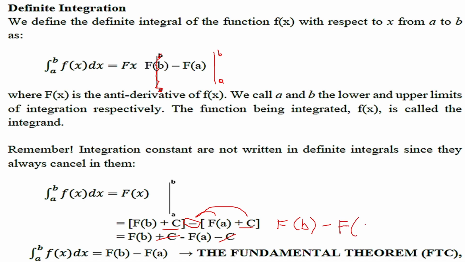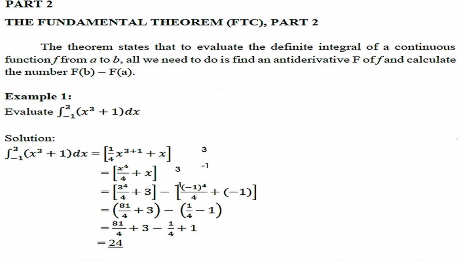So as you can still remember, this is our formula. Okay, the definite integral from a to b, f of x dx is equal to F of b minus F of a. Okay, next, for the fundamental theorem, FTC part 2. Again, we are in part 2.